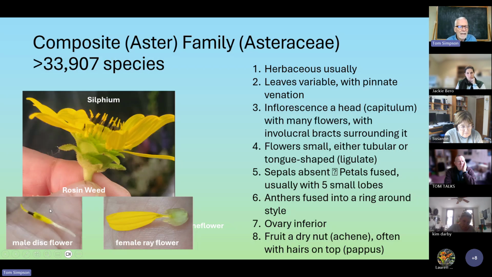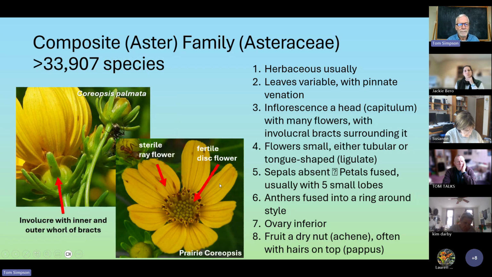So it's fertile in a sense, but when we talk about fertility and sterility in the Asteraceae, we're really talking about whether or not it's female. So the male ones, we call them sterile flowers in the middle. They're not sexually sterile. They're male. They produce pollen. It's the ray flowers that produce the seeds.